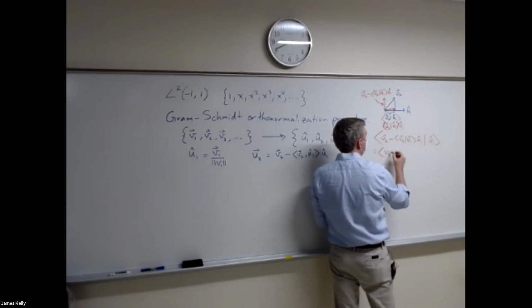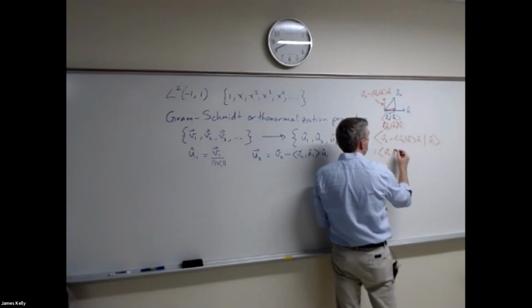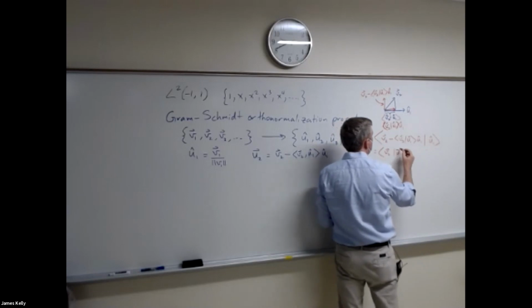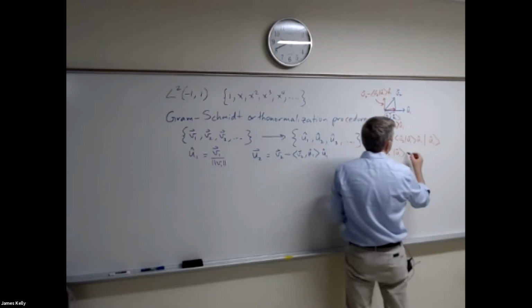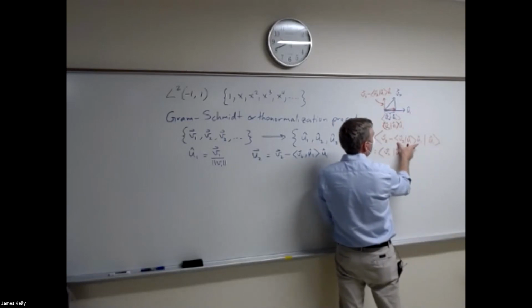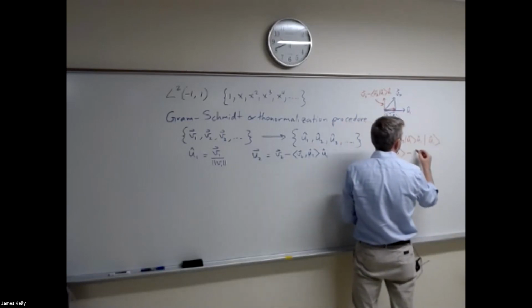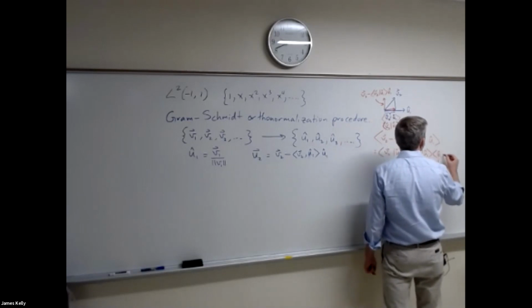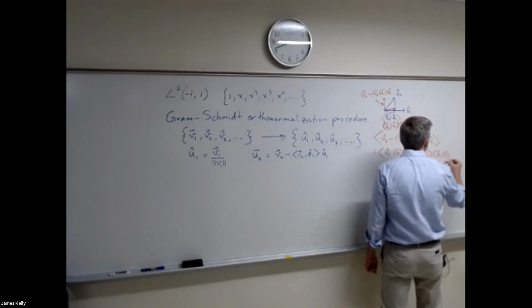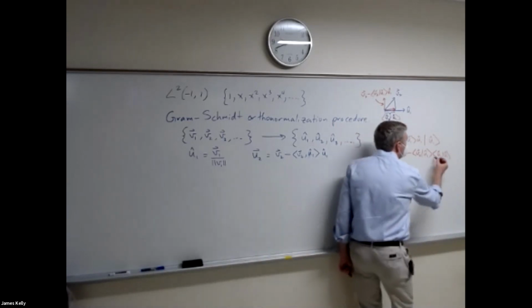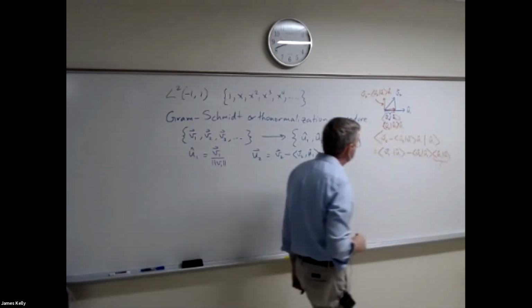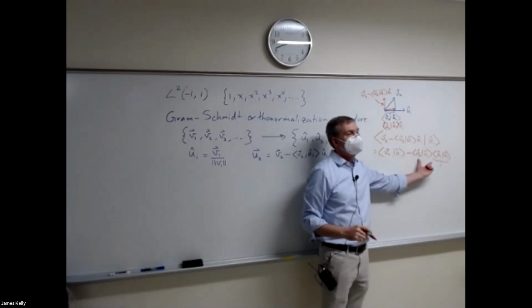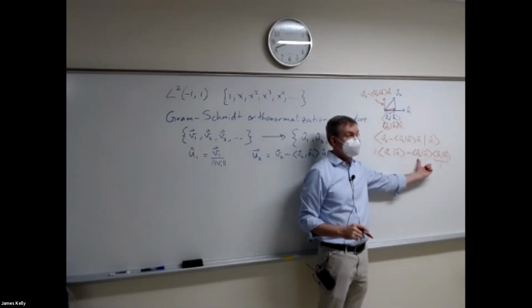This is equal to the inner product of v2 with u1 minus, here's a number, I can just factor that out of the inner product, the inner product of v2 with u1 hat times the inner product of u1 hat with u1 hat. And this is 1, we already normalized it, right? And these two things exactly cancel.